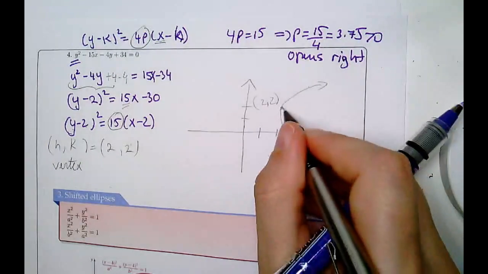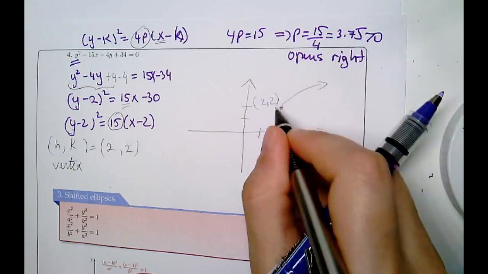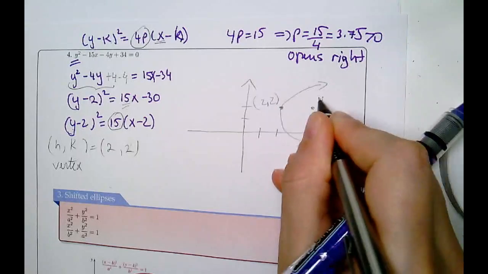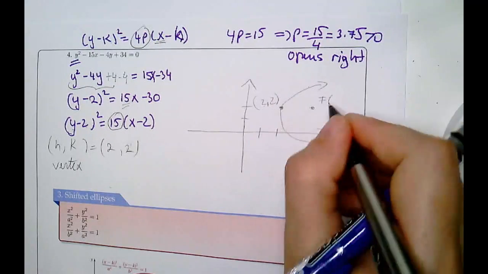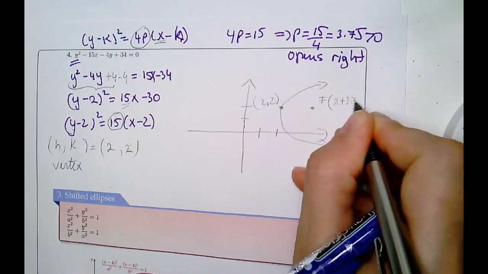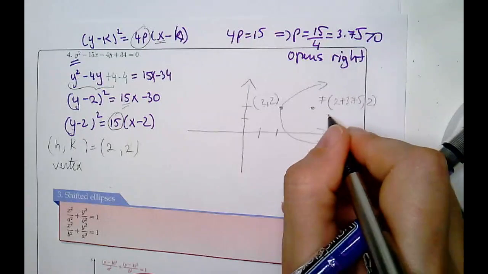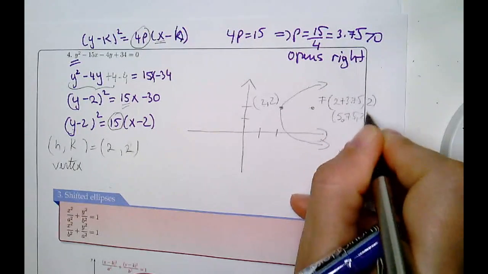And then I know that the focus is going to be p units away to the right of the vertex. So the x changed by p. So it's going to be 2 plus 3.75. The y stayed the same. So the focus is (5.75, 2).